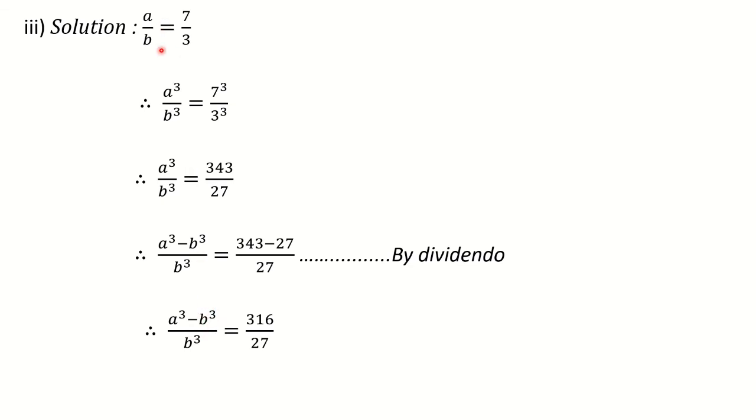So here also we have to find out cubes. So we will take cubes on both the sides. So what we can write, a cube upon b cube is equal to 7 cube upon 3 cube. So we got it as 343 divided by 27. And then use the property dividendo on both the sides and you are going to get the answer. Okay. So this way you are going to solve it.